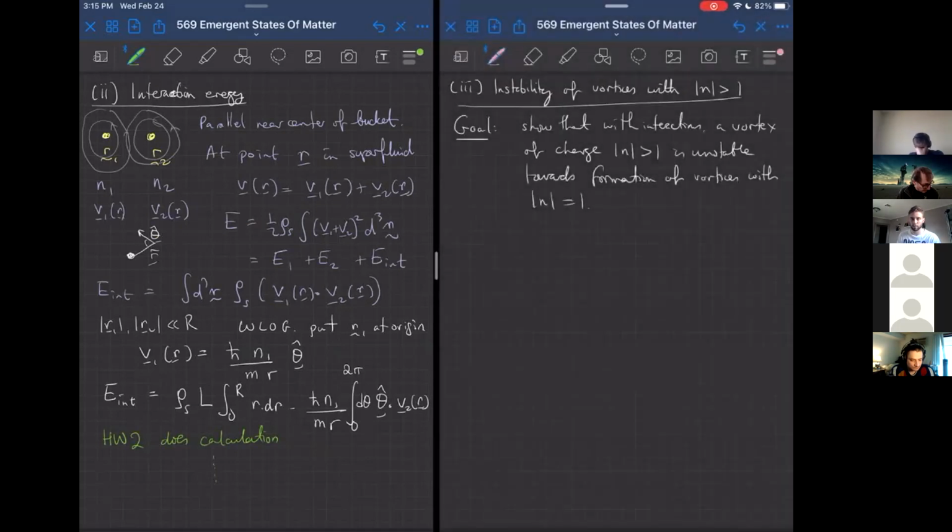So that's what we're going to do, and let's start off then with a formula for the energy per unit length of our system. And so this is now essentially the answer to the homework exercise. So let me just write it down.